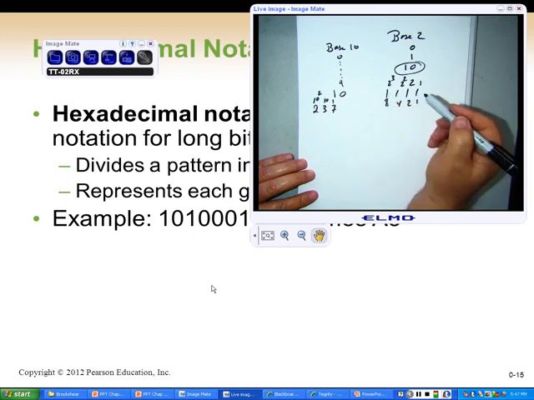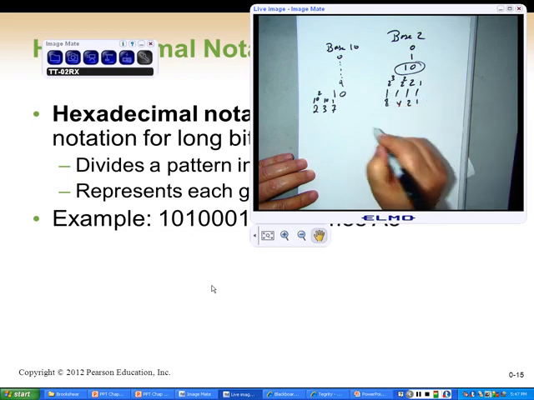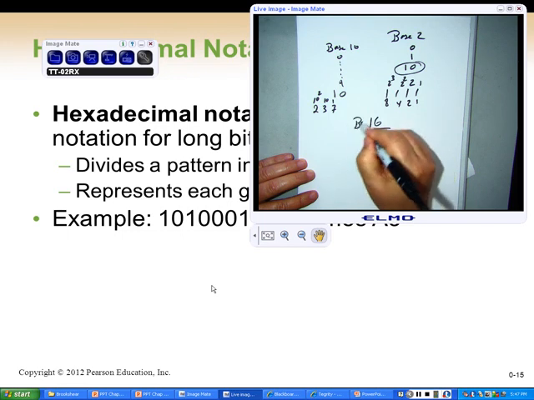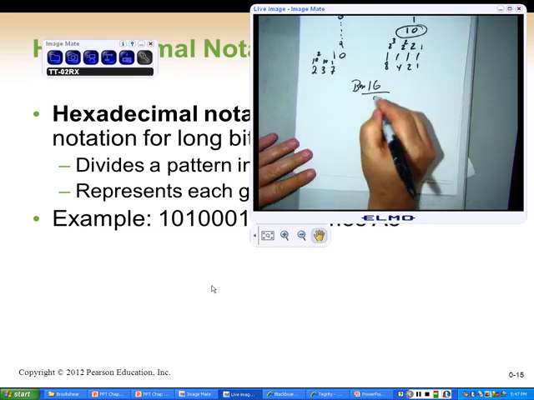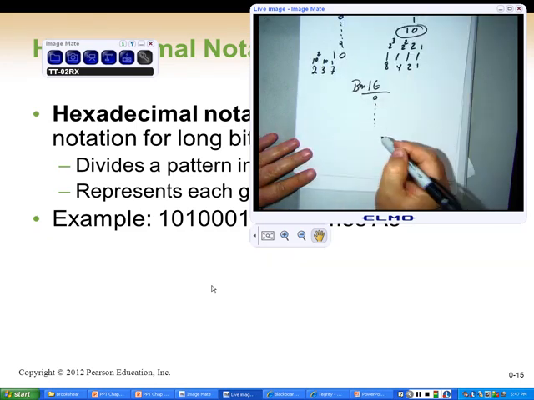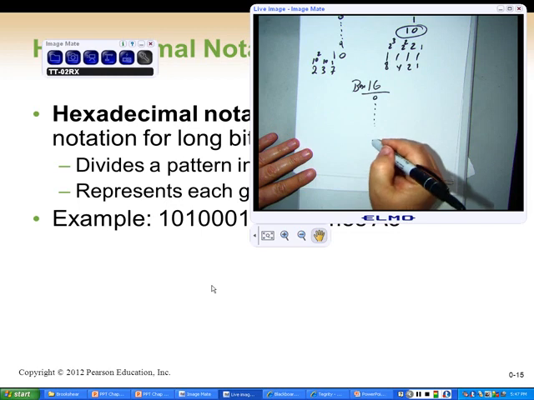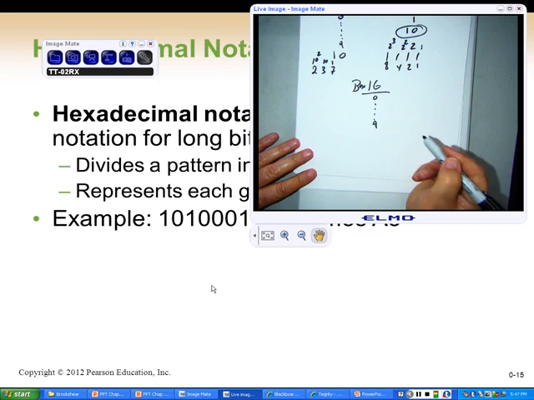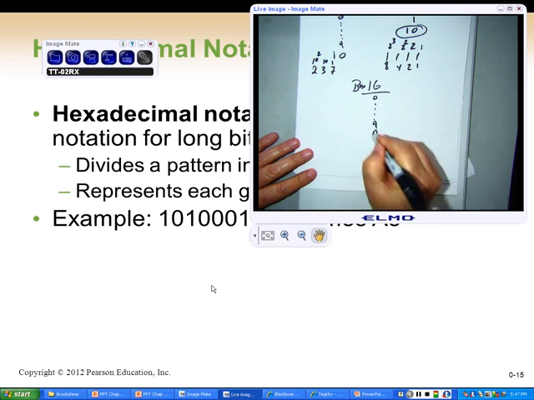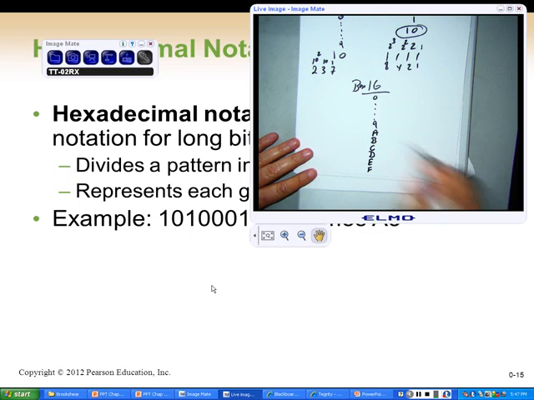Now, if I have base 16, that means I'm going to go from 0 to 15. Okay? So, I don't know how to put 15 in a decimal format. After 9, I don't have anything in decimal format. We're going to use A, B, C, D, E, and F. So A is going to be 10, B is 11, C 12, 13, 14, and 15.